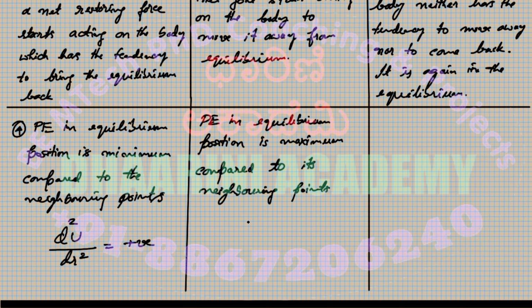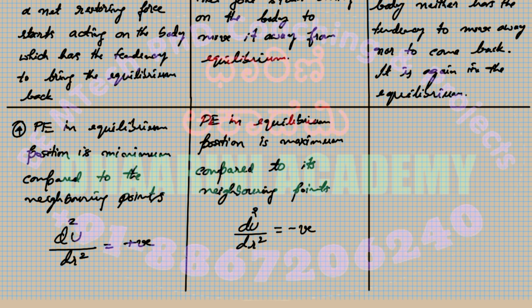So that means it is a highest point. So d square u by dr square has to be a negative quantity. It is negative means the current position is highest. Okay, fine.